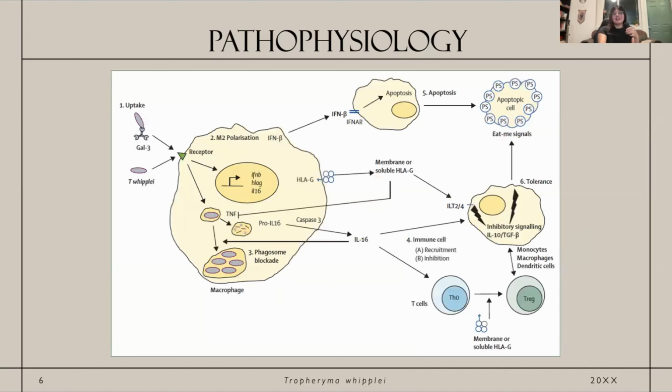Let's jump in. So here we have the one diagram I was able to find that showcased what was going on. So current theory is that our fun bacterium is opsonized by Gal3 and interacts with an unknown macrophage receptor for uptake.